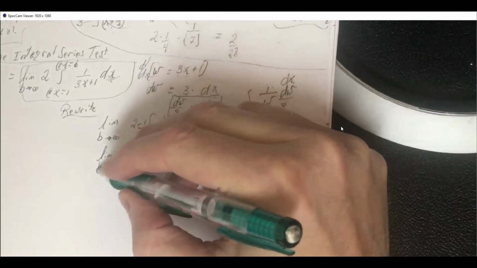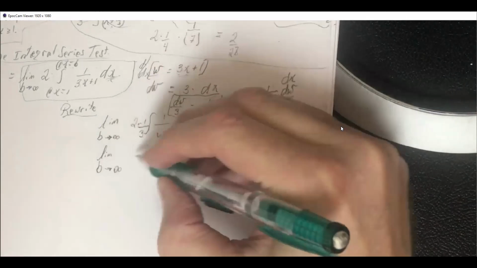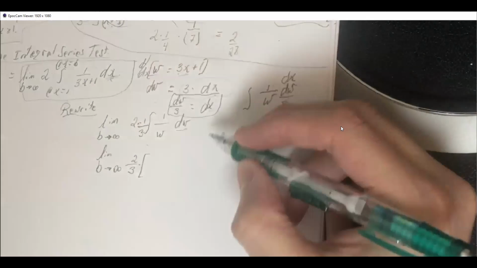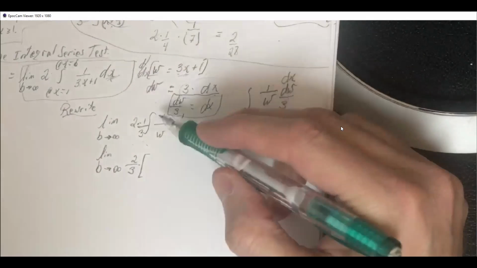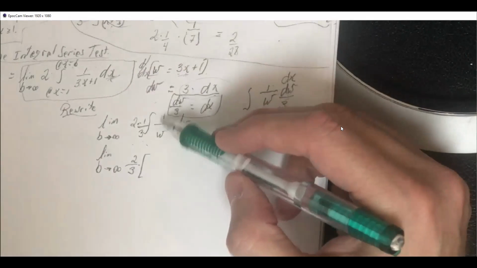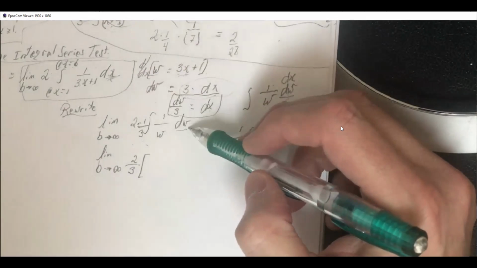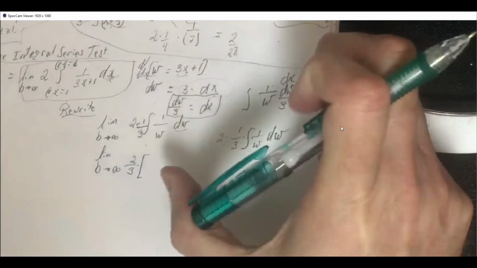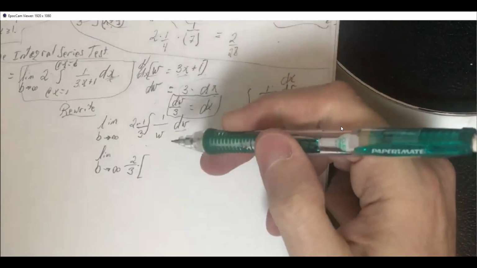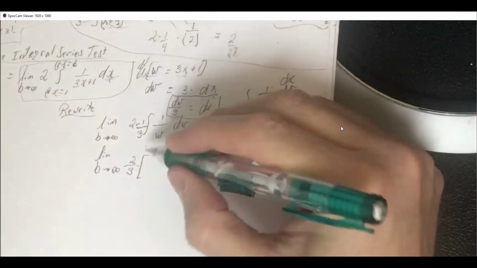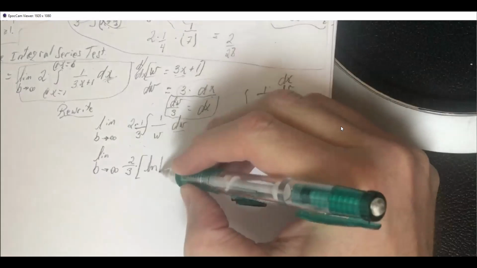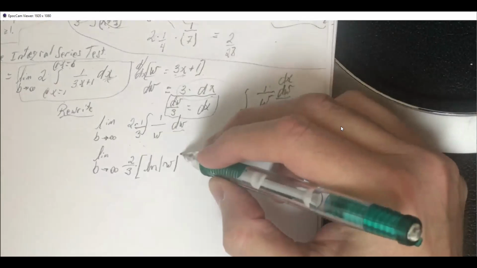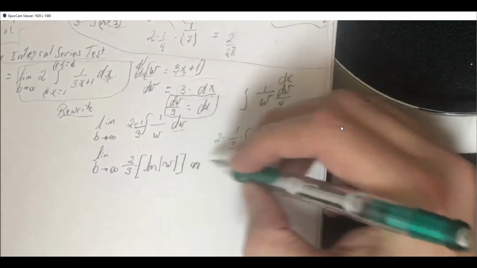So continuing with our attempt to anti-differentiate, we have the limit still, the times 2/3 still, and now we are able to integrate 1 over a single letter with respect to that same single letter from our formula sheet, or just remembering in our mind. And either way, what did we say that turned out to be? The ln of u. And good, let's not forget the absolute value. Okay, and then go back.